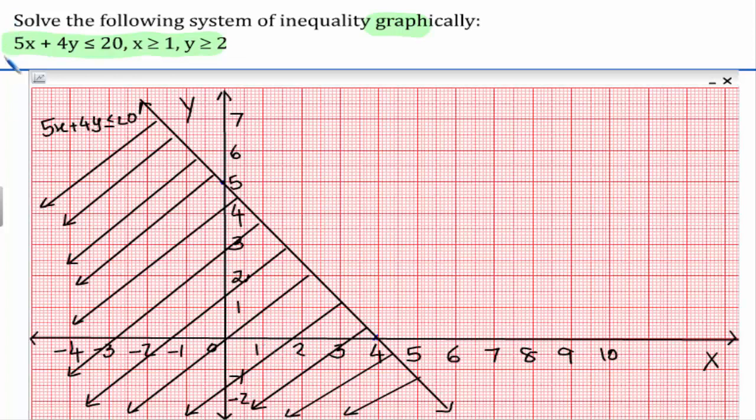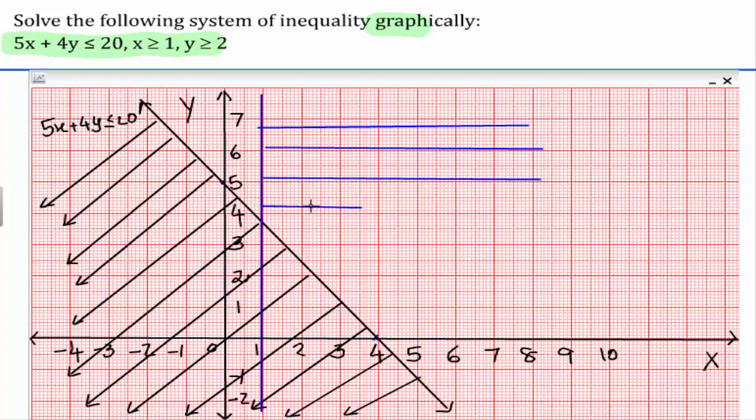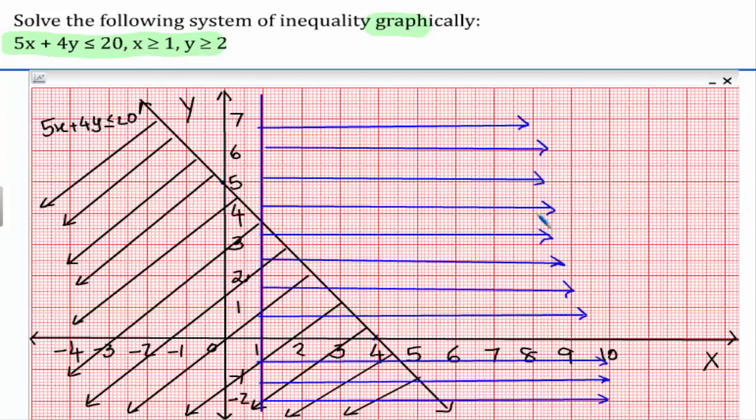That means the line will be here, parallel to the y-axis. And since x is greater than 1, the solution will be towards this side, because all the values on this side have x greater than 1. Now here the blue lines will show us the region of x greater than or equal to 1.